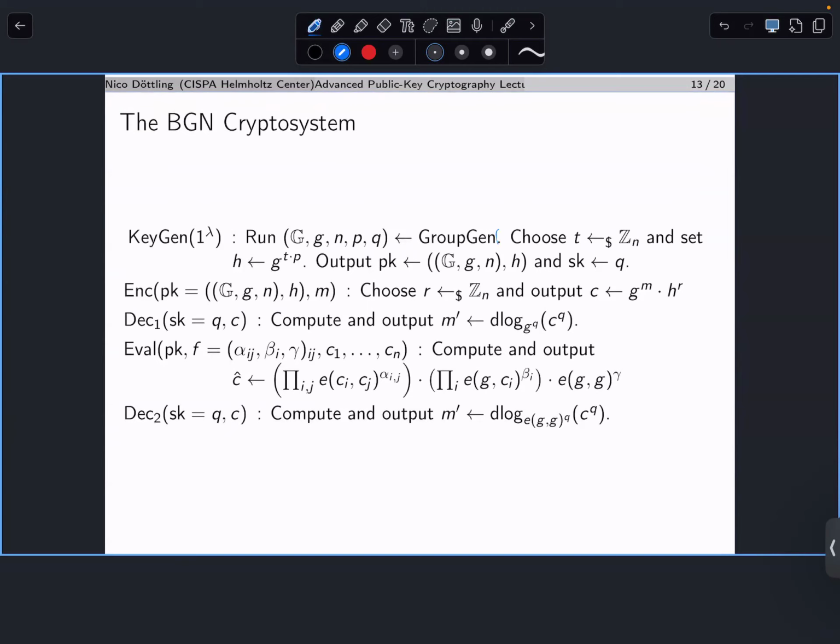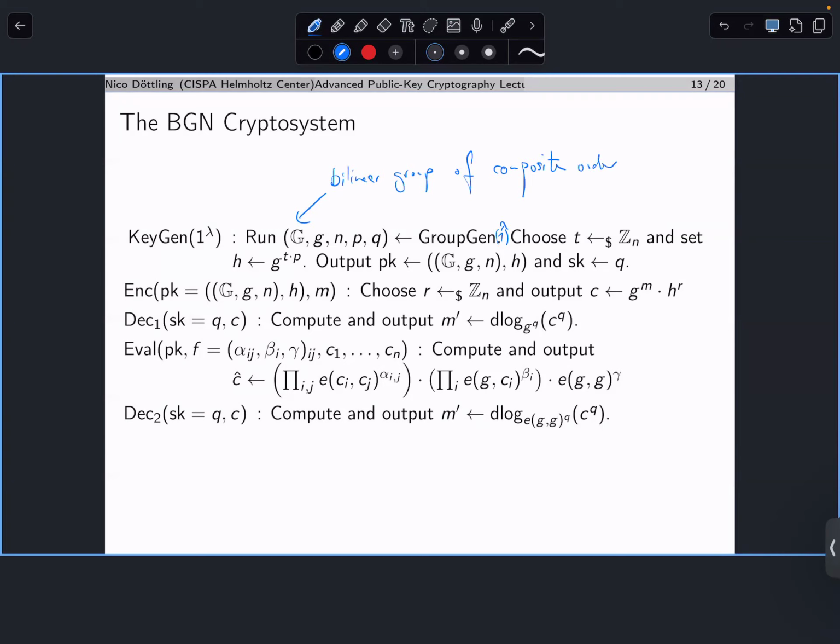Here, somewhat sloppily, I didn't give it 1 to the lambda as an input, but the keygen first generates a bilinear group of composite order, right? Let's keep that in mind.